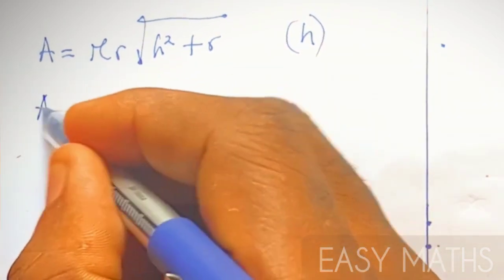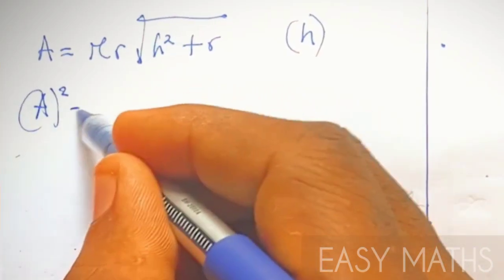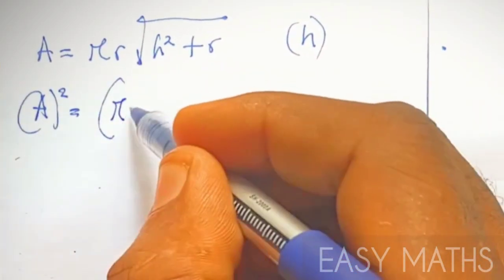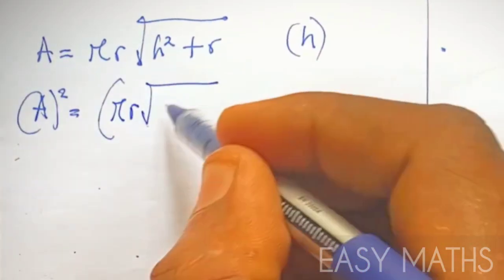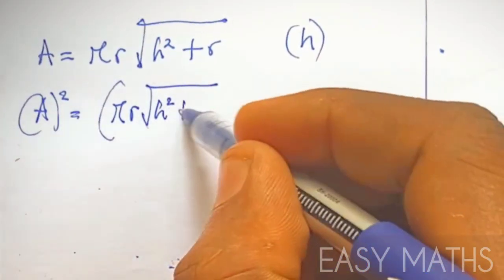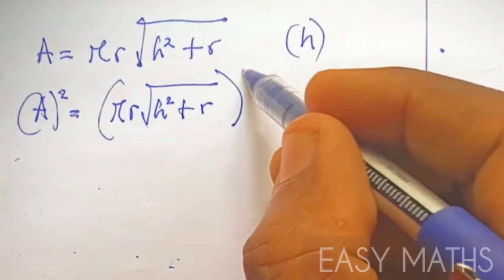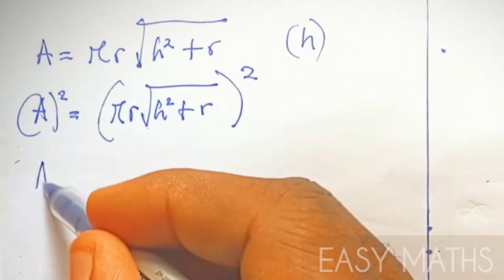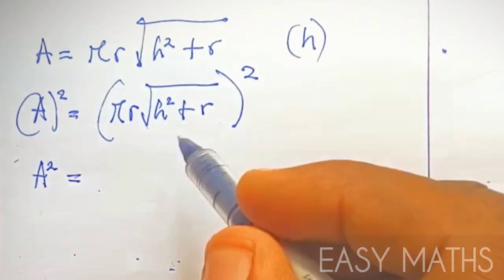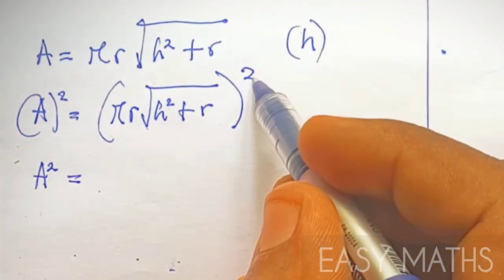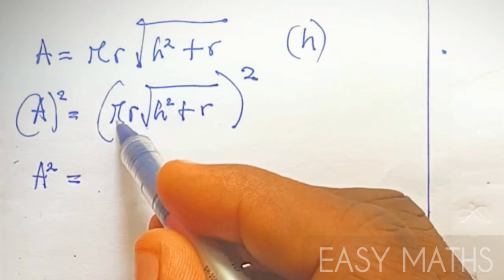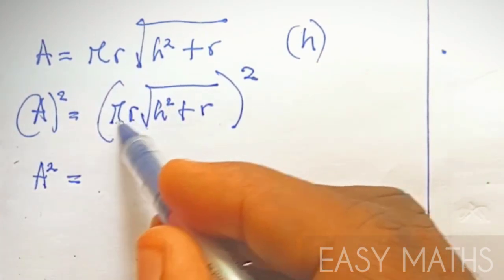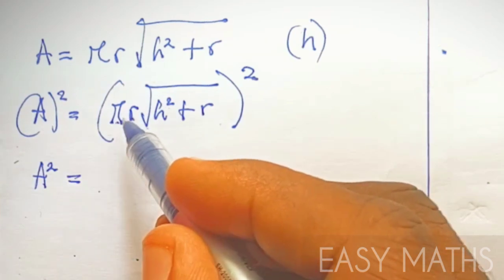So we have a squared equals to, we put all of this in brackets, so we have pi r square root h squared plus r, bracket close, squared. So this will be a squared equals to, now this square is going to work on pi and r as independent variables.